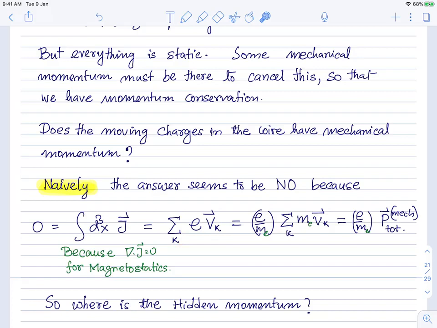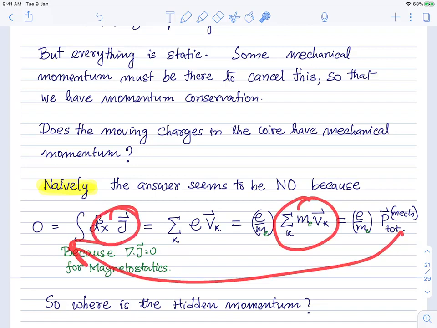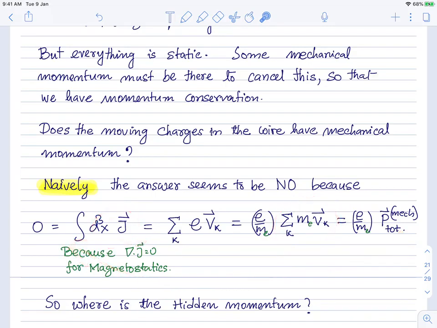Because the electron has a fixed E by M ratio, you can divide by M and multiply by M, bring E by M outside the sum and put the M inside. And then this now clearly becomes the mechanical momentum carried by the electrons. So this thing must be 0 if it gives rise to a steady current. By this logic, this must be 0. So the mechanical momentum looks to be zero.